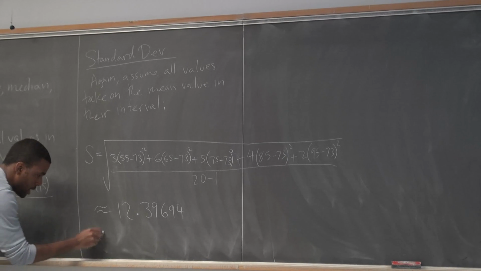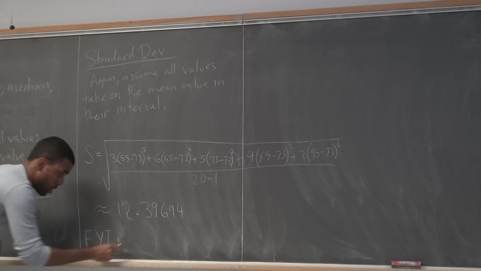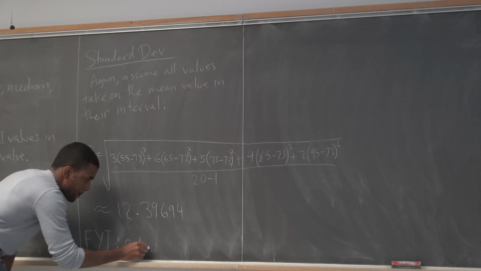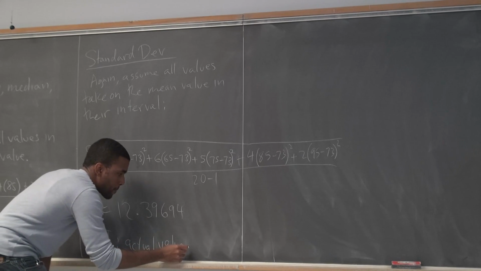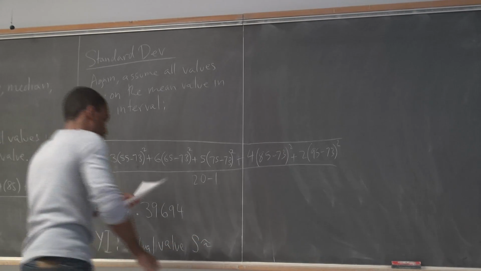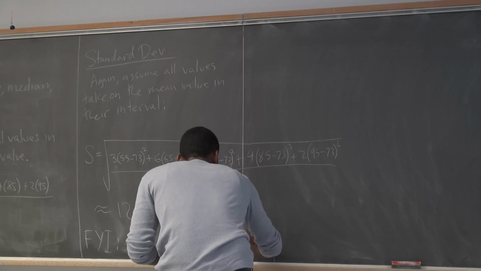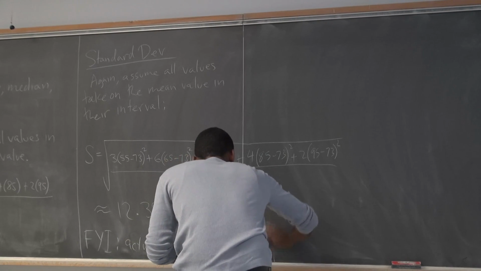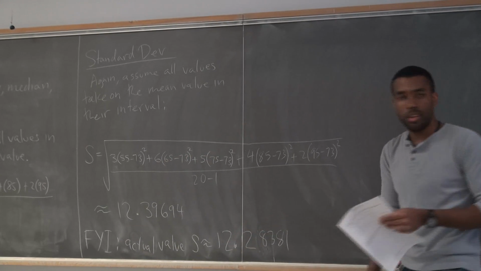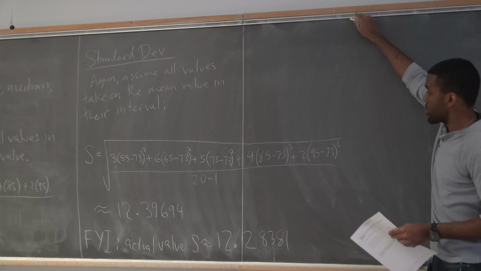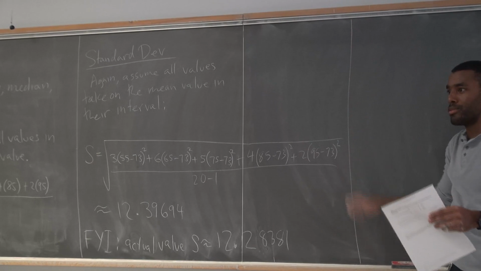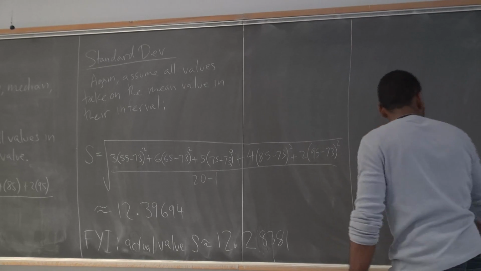By the way, FYI, I did it the long way and the actual value of S is 12.28381. You see, again, our approximation is super close. And this is only with 20 values. Imagine if my data set had 1,000 values, it would actually be closer.